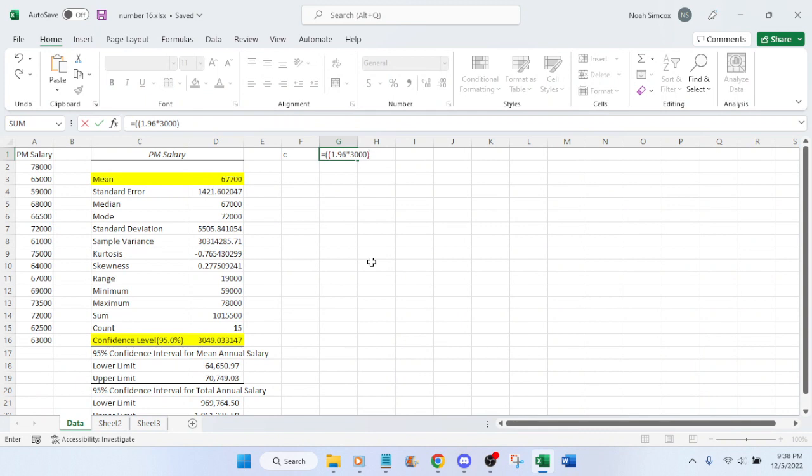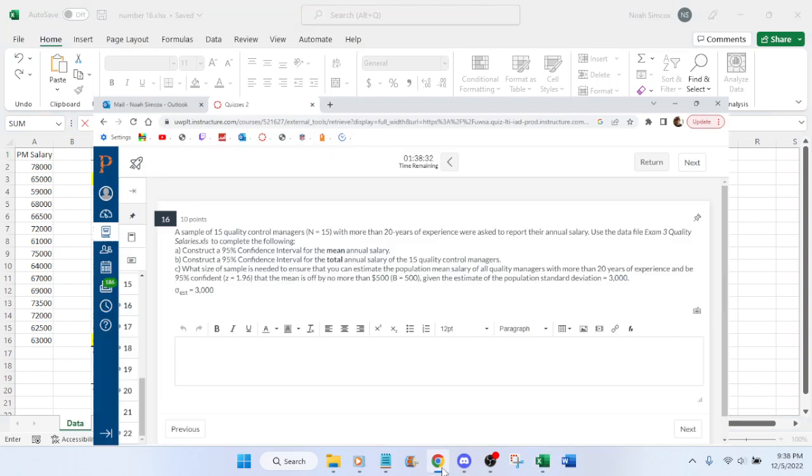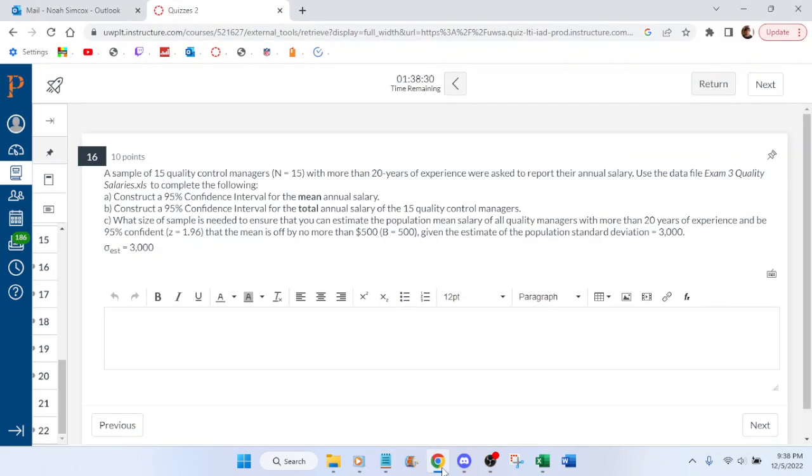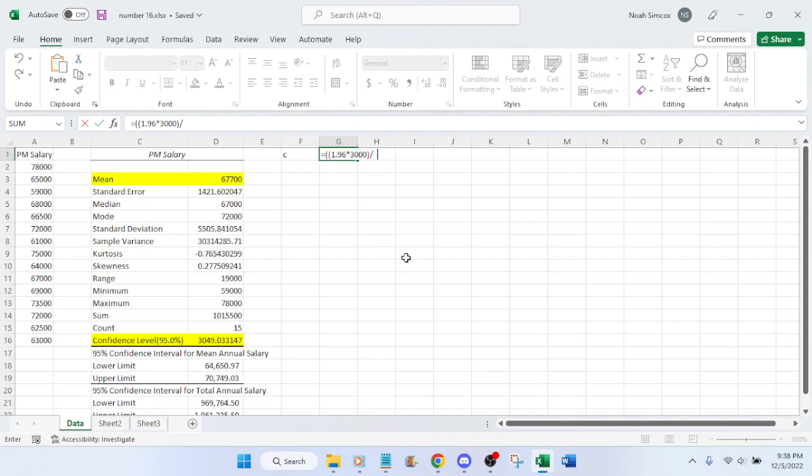Then you divide it by B. They already gave us B, which is equal to 500. And now you do all of this to the power of 2. And that should be it.